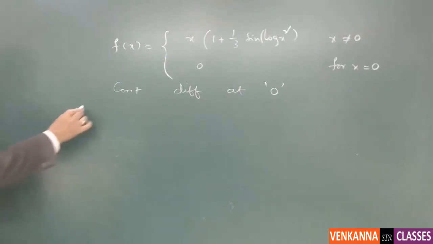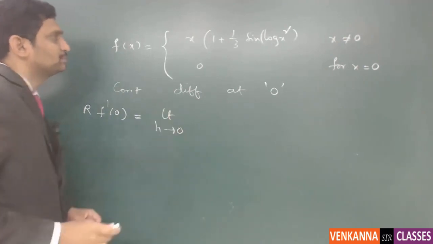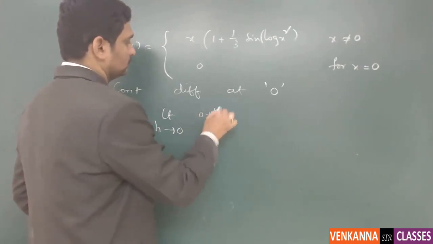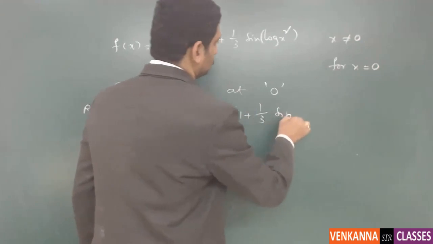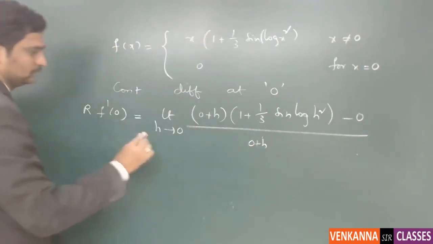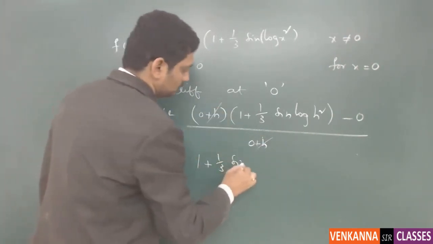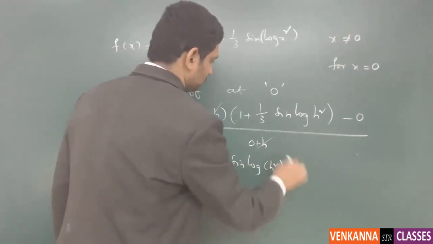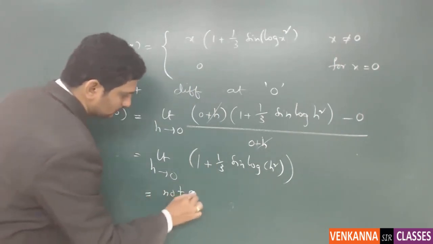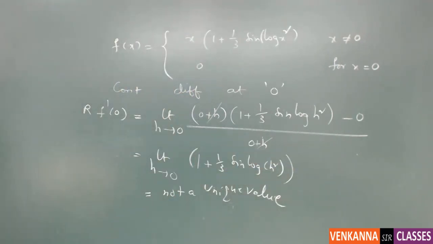So if you calculate the right derivative, which is not going to give a unique value, or which does not exist, you can take.